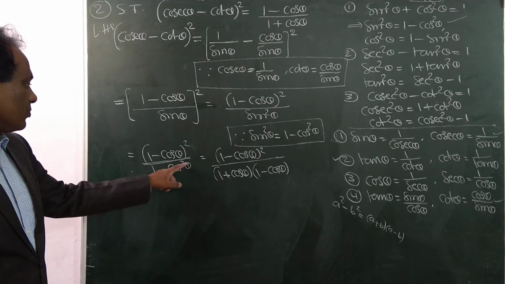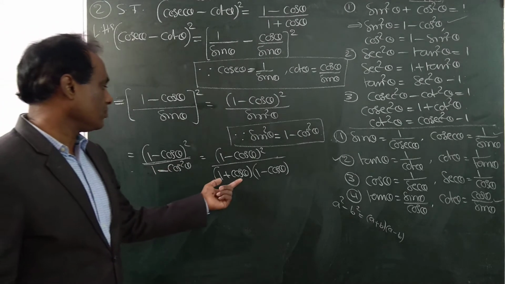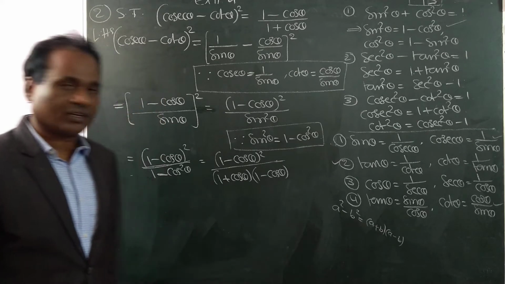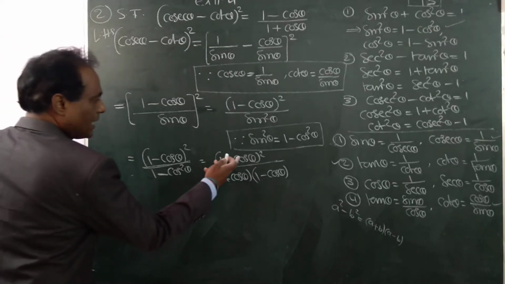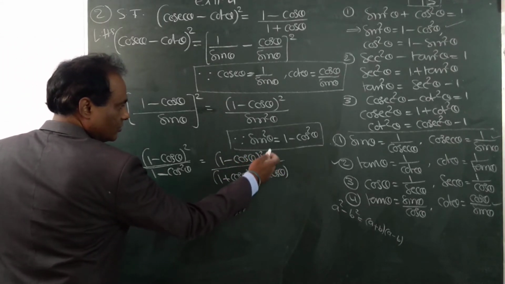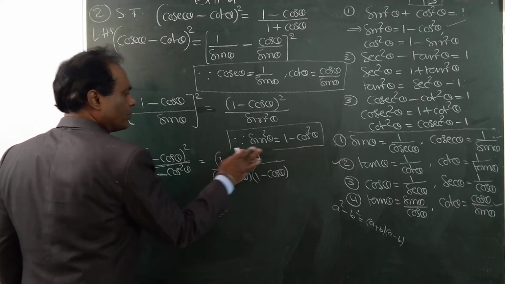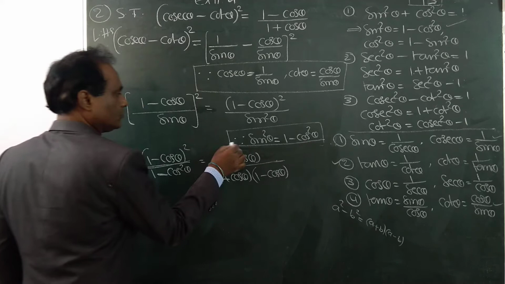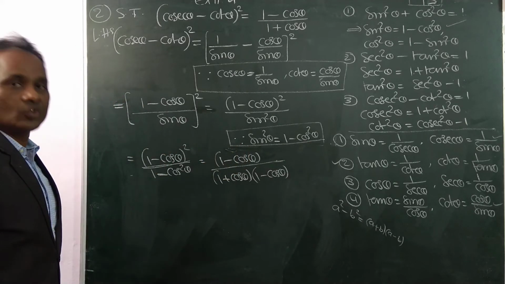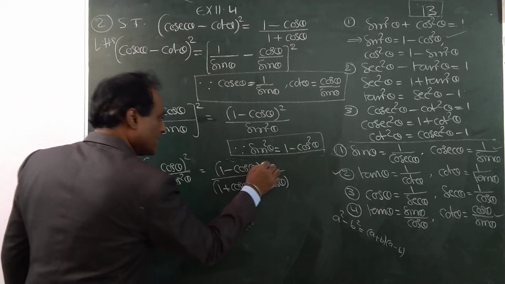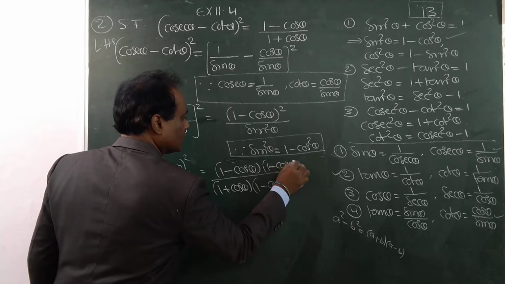A square minus b square is a plus b into a minus b: 1 plus cos into 1 minus cos. The numerator is 1 minus cos theta whole square. Square means 2 times: 1 minus cos theta into 1 minus cos theta.